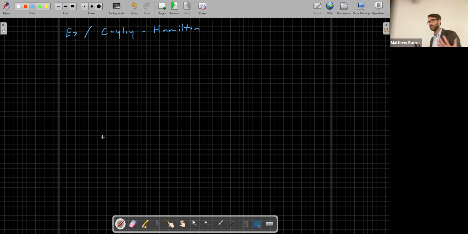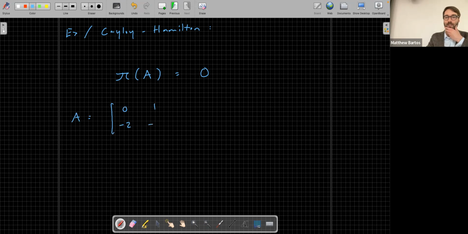Okay, so the Cayley-Hamilton theorem states that every matrix satisfies its own characteristic equation. So let's say we have A equal to 0, 1, -2, -3. We know that the characteristic equation is lambda squared plus 3 lambda plus 2 equal to 0.